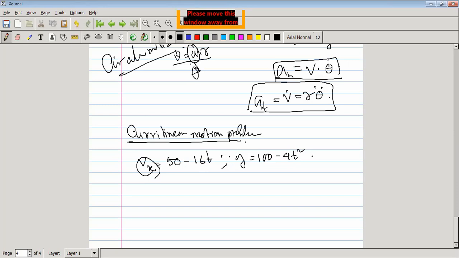Now another thing is given that at time equal to 0, the initial condition, x is also 0.